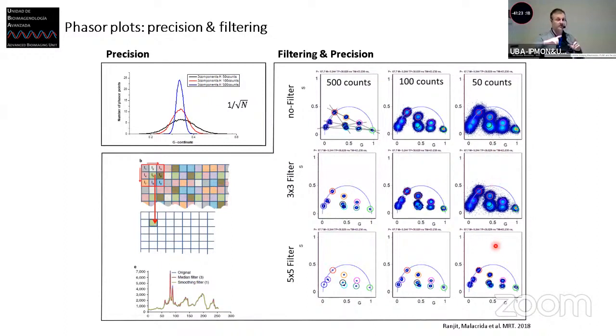But if you use a 5 by 5, you improve a lot. You improve in a way that you are comparable with 500 counts, only collecting 50. So this is another very powerful use of the Phasors. And it's hard to do this when you have to filter decays.